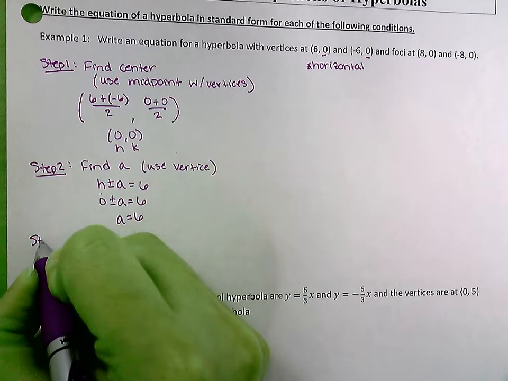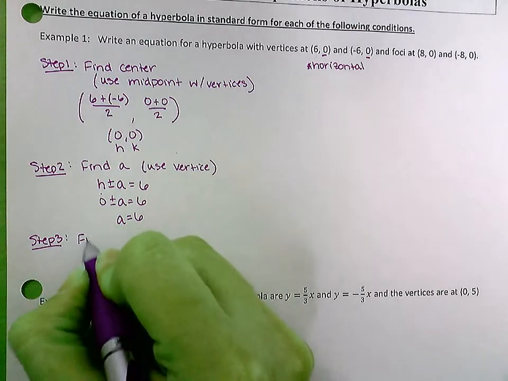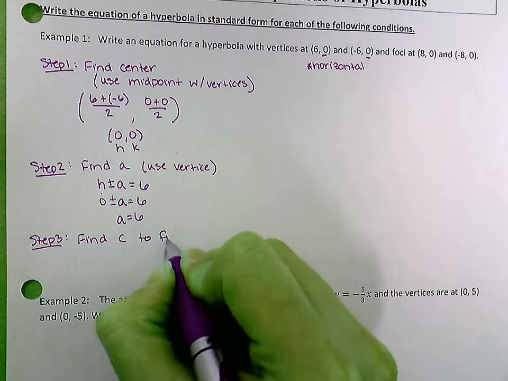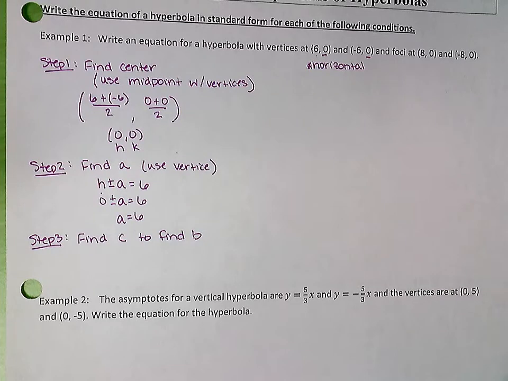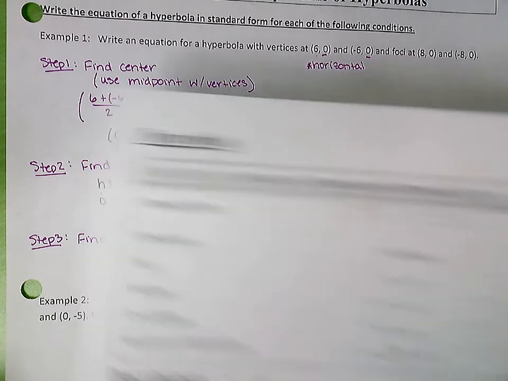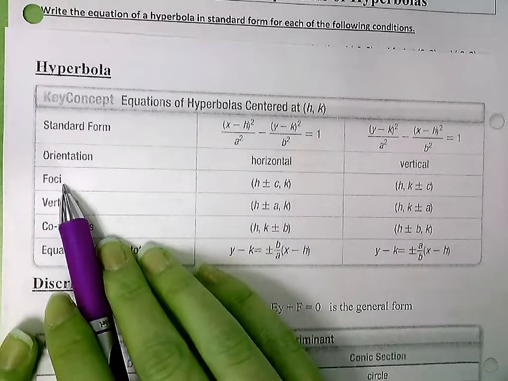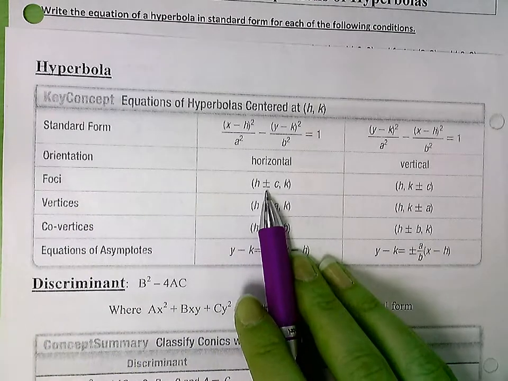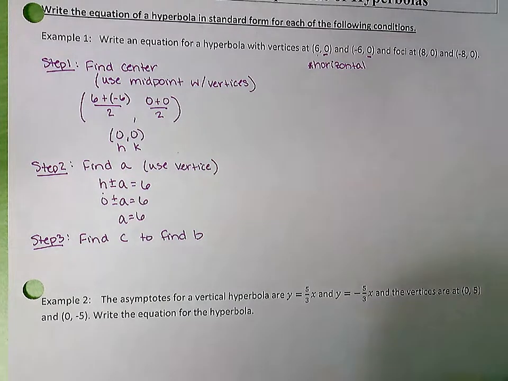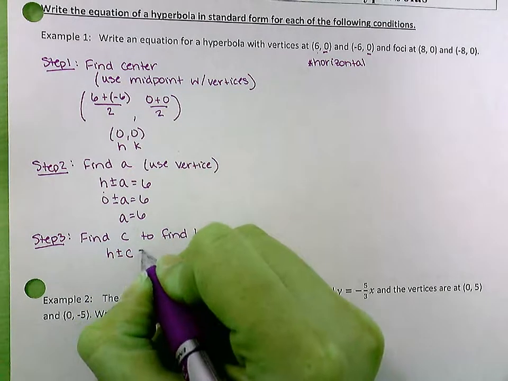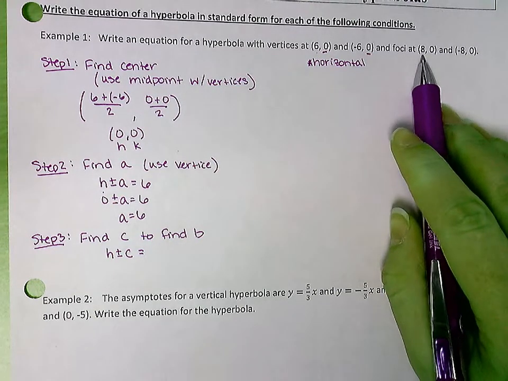Okay, my next step is to find C to find B. Because I'm given my foci points, to find your foci points, you find C. So I want to use those, find C, and then use C squared is equal to A squared plus B squared in order to find B. So just like we did before with our vertex, now with our foci, horizontal, I'm going to take h plus or minus C is equal to the x value in the focus point, which is 8.